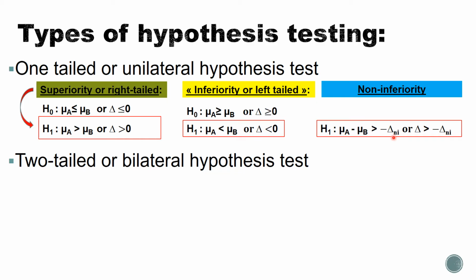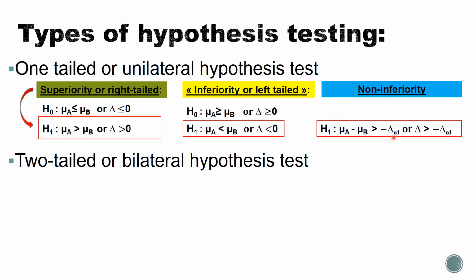For instance, if the difference between treatment A and treatment B in terms of efficiency must not be less than -5, even though we've accepted that treatment A is worse than treatment B, the difference mustn't be less than a particular given margin.